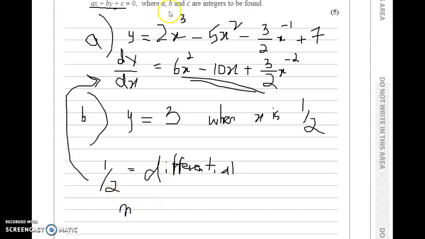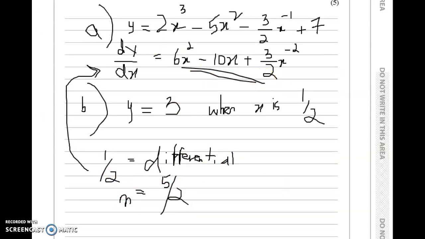Whenever a function is given, to find its gradient we should differentiate it. It's that easy. So m is the gradient, and our gradient will be 5 over 2 when you plug half into the differential. That's our gradient. Now what?